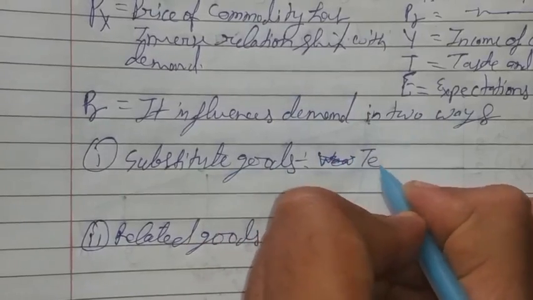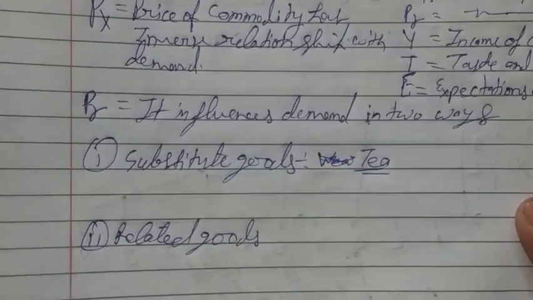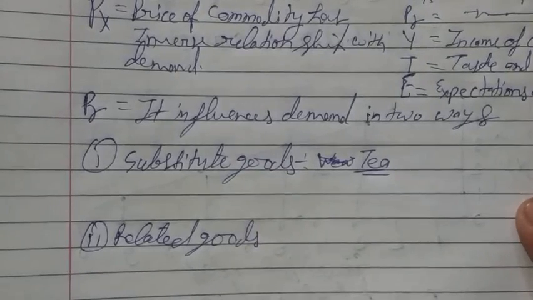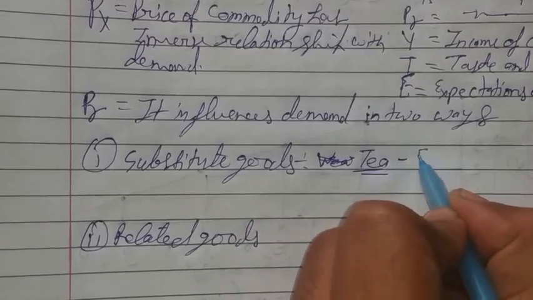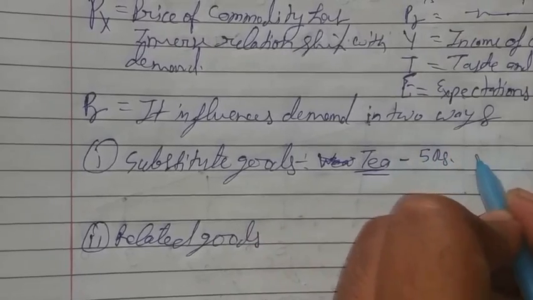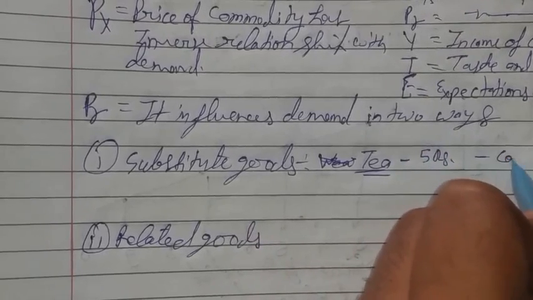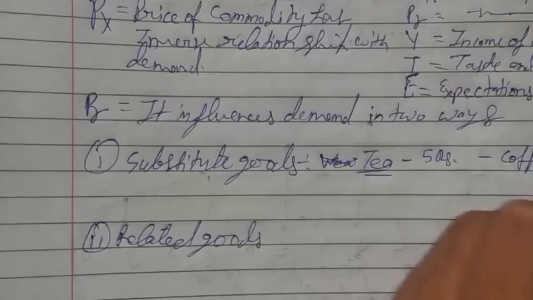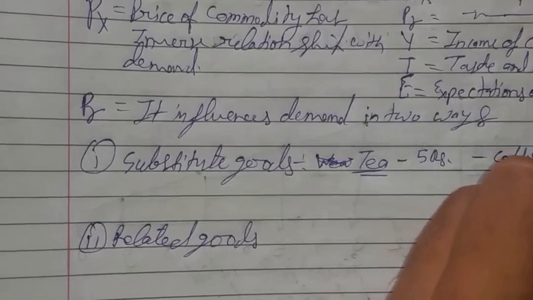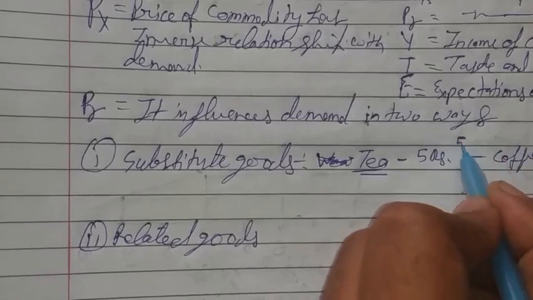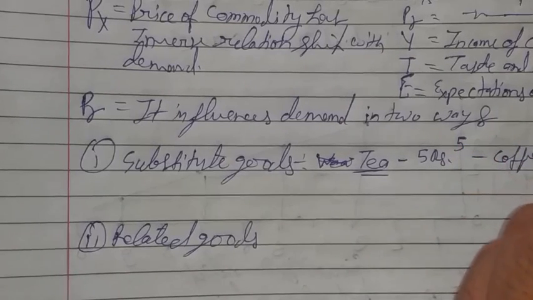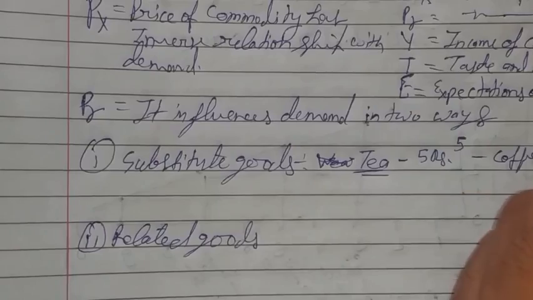Just like if we are assessing the demand of tea, tea costs 5 rupees, and coffee is a substitute for tea, costing 10 rupees. The demand for tea is 5 cups and the demand for coffee is 2 cups.